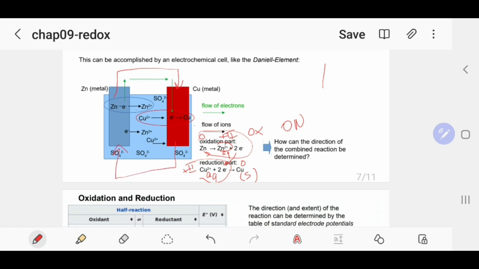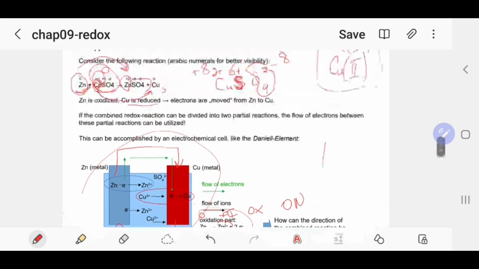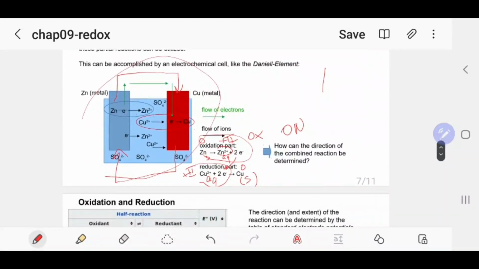So in this electrochemical cell, we have a negative terminal, which we don't know which one, and a positive terminal. The negative terminal is a metal that gives away the electron into the solution. We have a solution here with water inside. This or this, so we don't know yet.